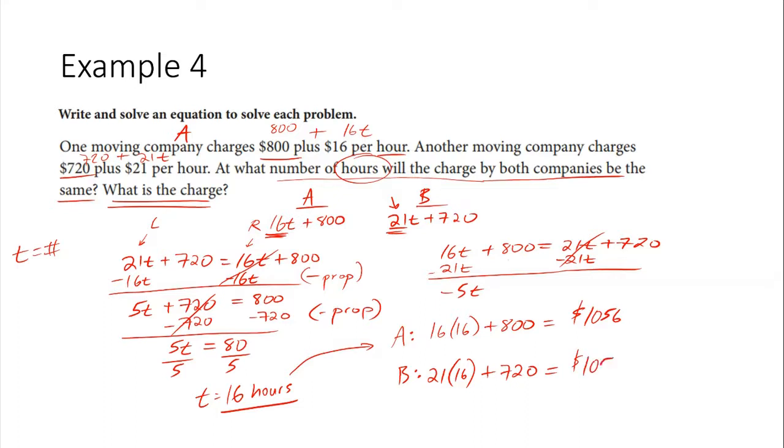We get the same thing. So does it really matter which one you plug it back into? No, because you set them equal to each other, and that means at that particular hour, on the 16th hour, both companies are going to cost the same amount. So this is part one of the question, and then this is part two of the question.